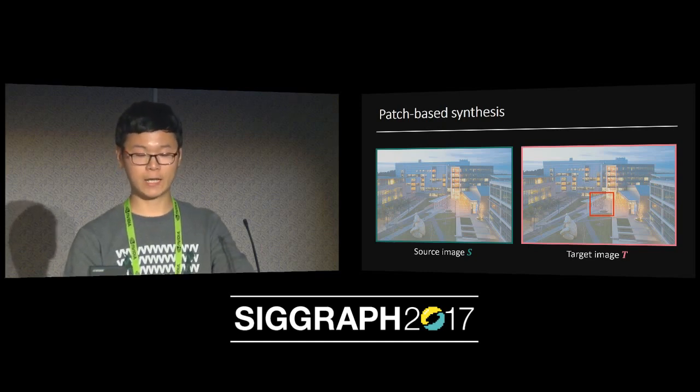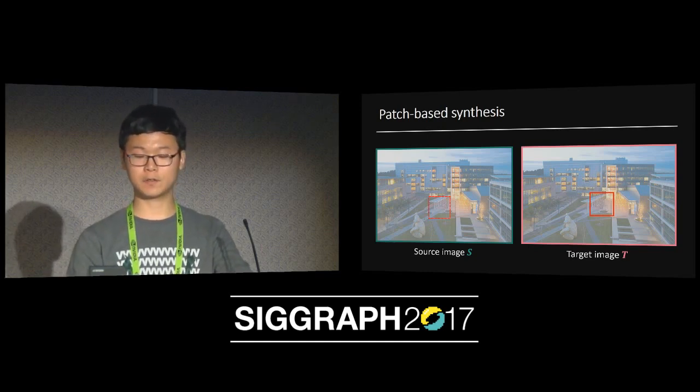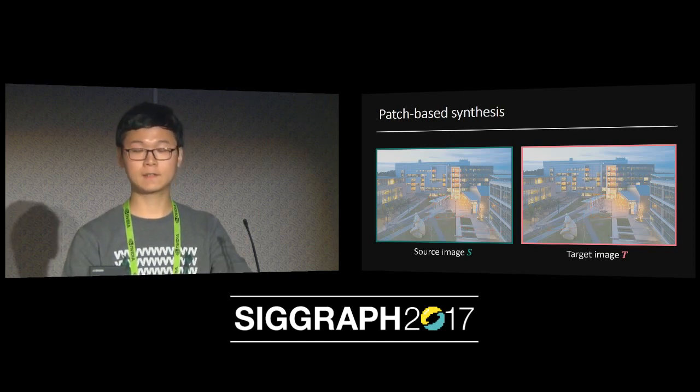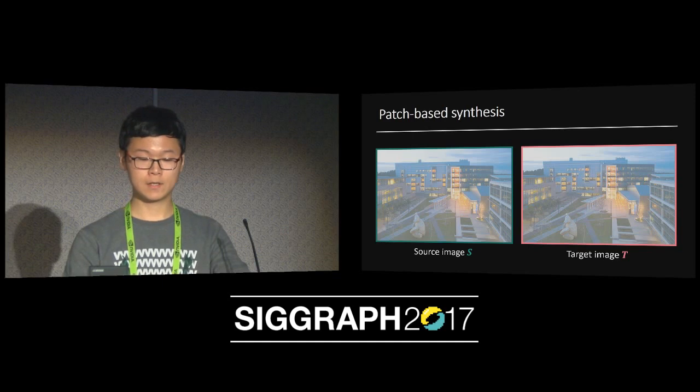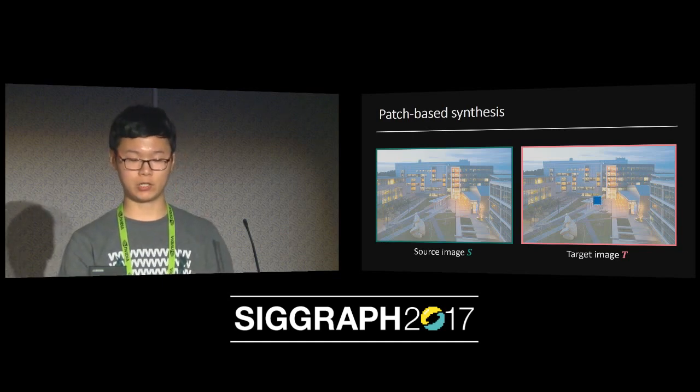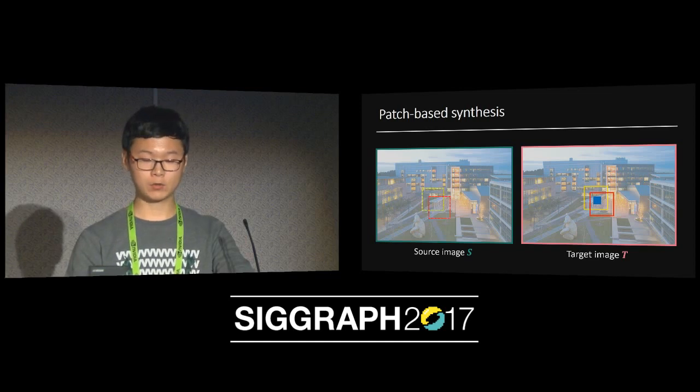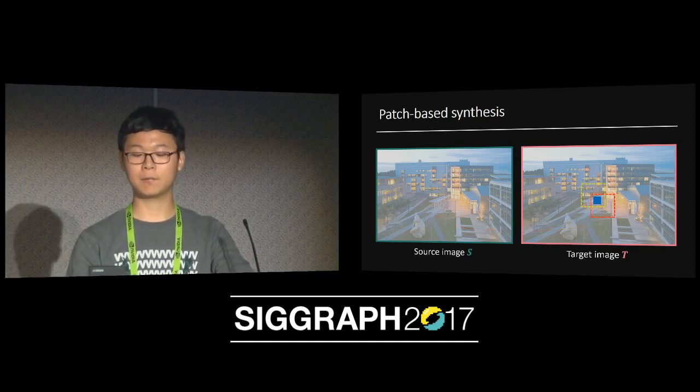So for a patch in the target image, we find a patch in the source image that is most similar to it. The second stage is the voting stage. In this stage, if a pixel in the target image is covered by multiple patches, we find their most similar patches in the source image, and we do a voting to determine the final color of that pixel.